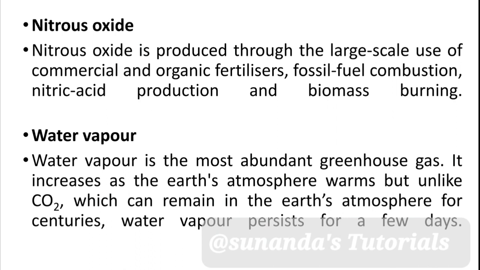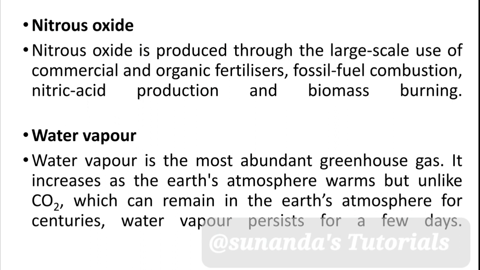Then the third one is nitrous oxide. It is produced through the large scale use of commercial and organic fertilizers. Fertilizers are applied to the plants for their better growth and yield. Then fossil fuel combustion, nitric acid production, biomass burning.